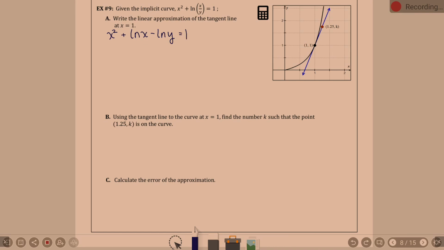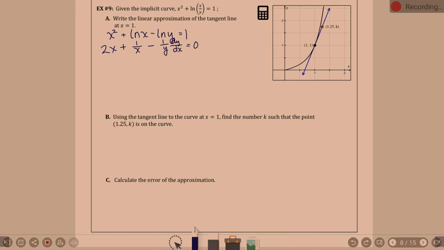Okay? Now let's take our derivatives. Remember, x's and y's are mixed, so it's implicit differentiation. Derivative of x squared is 2x. X terms, you don't have to write anything next to them. Plus derivative of natural log of x, 1 over x, minus derivative of natural log of y, 1 over y dy dx, equals derivative of 1, which is 0. Solve this for dy dx.